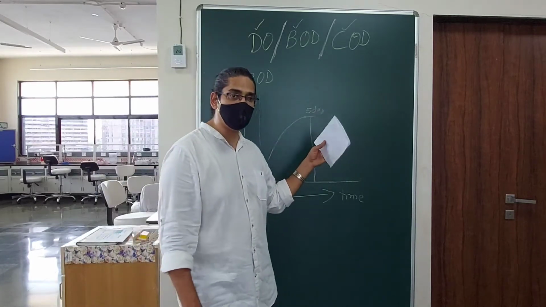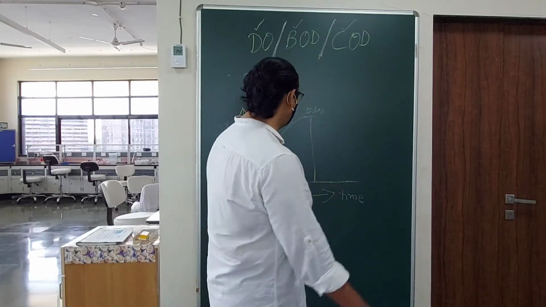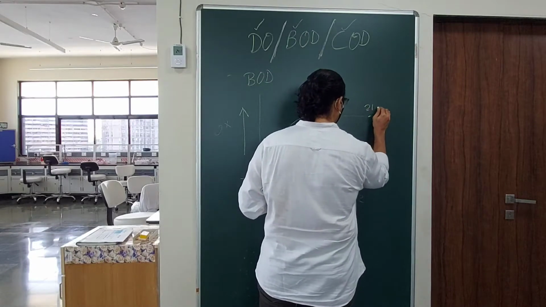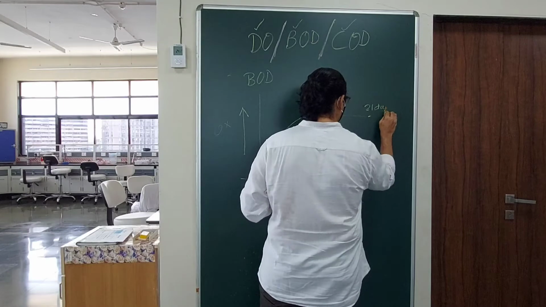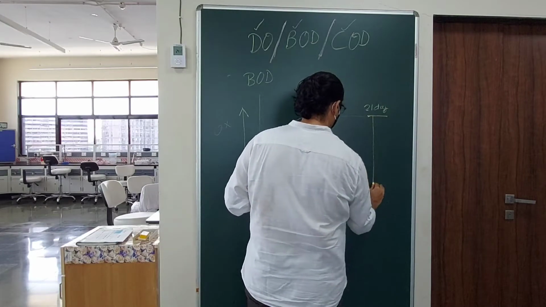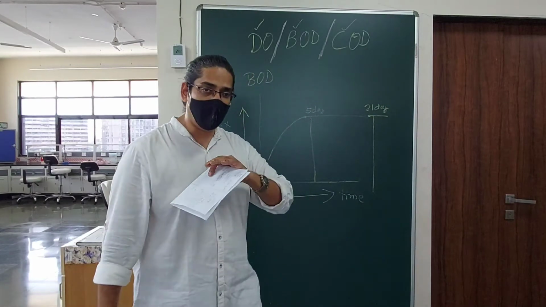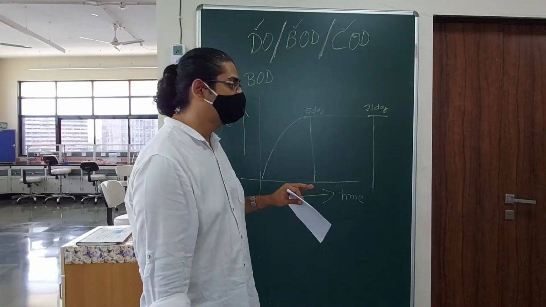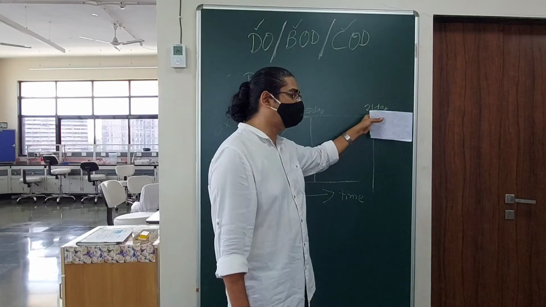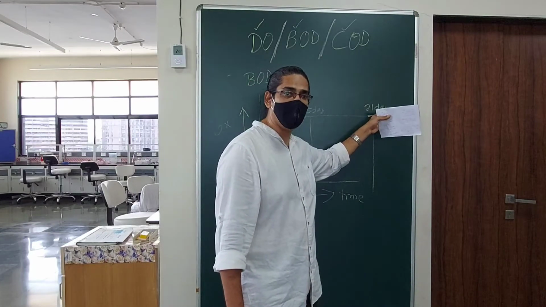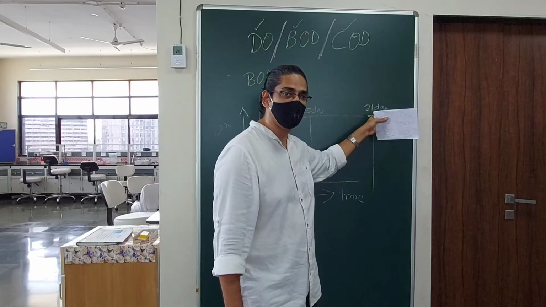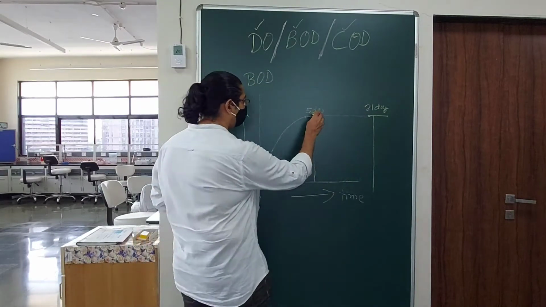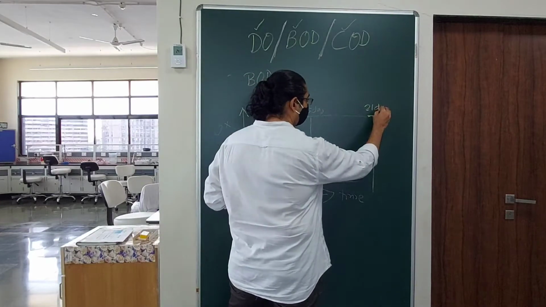But if you want the absolute value, you carry on this incubation up to day 21, and then you are sure almost all the organic matter has been consumed. So the absolute value of BOD you can find by taking the value on day 21. But believe me, there is not much of a difference between day 5 and day 21.